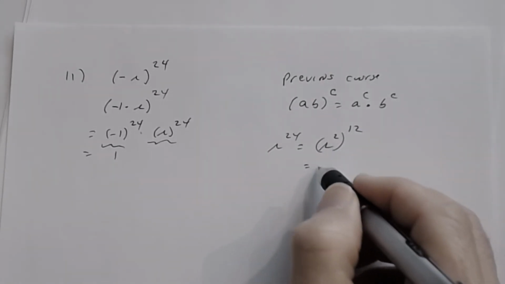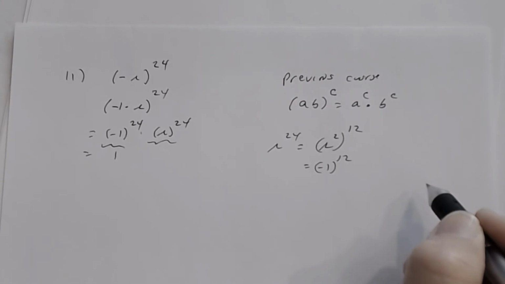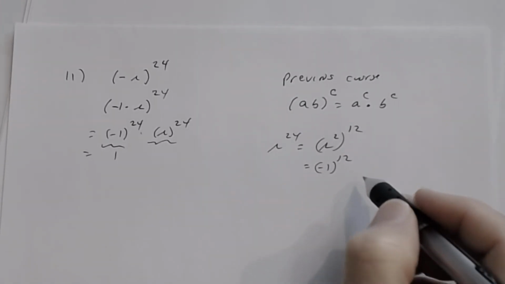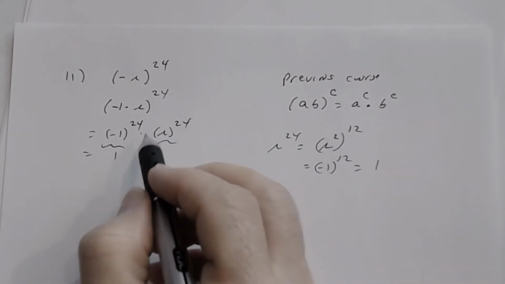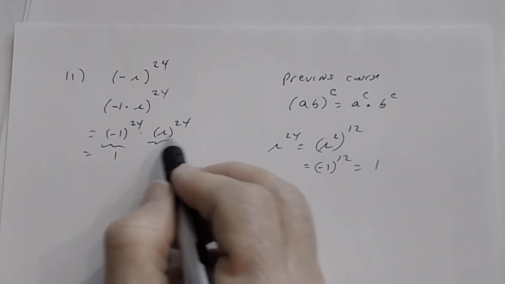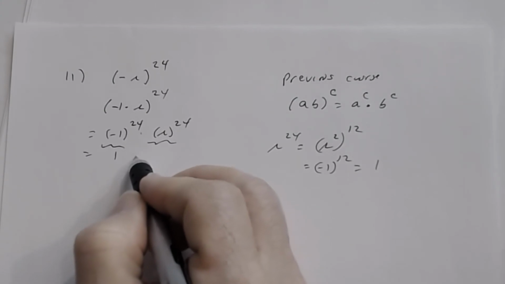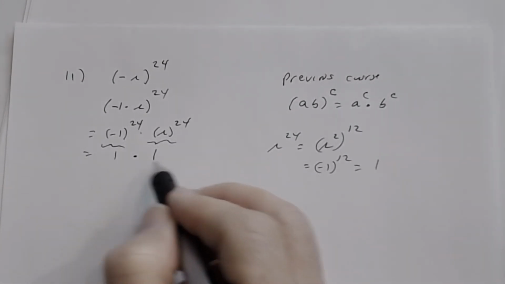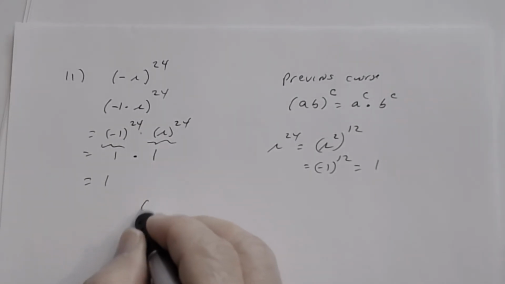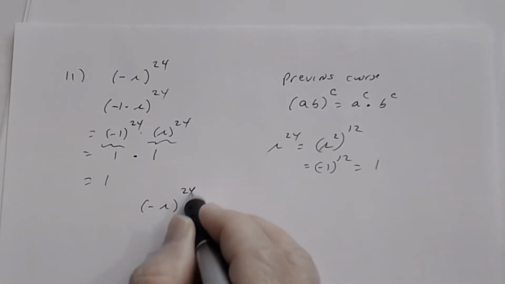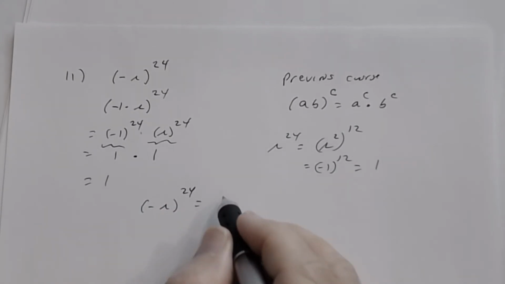This becomes negative 1 to the 12th power, because i squared is negative 1, and negative 1 raised to an even power is always a positive 1. So this factor, i to the 24th, is also 1. And then 1 times 1 is 1. So negative i raised to the 24th power is equal to a positive 1.